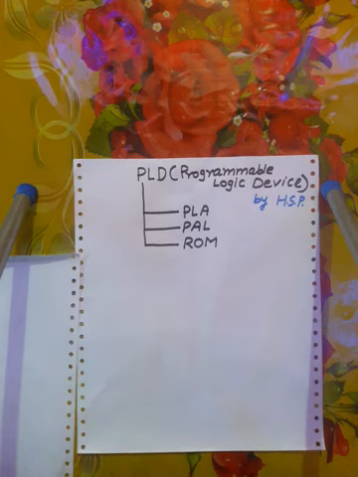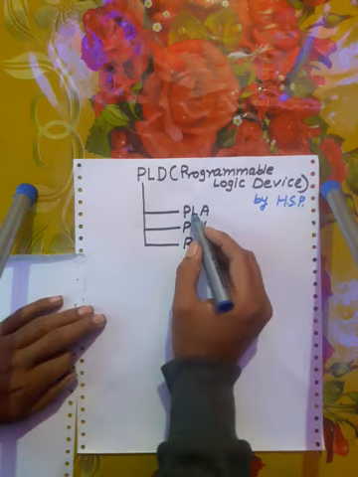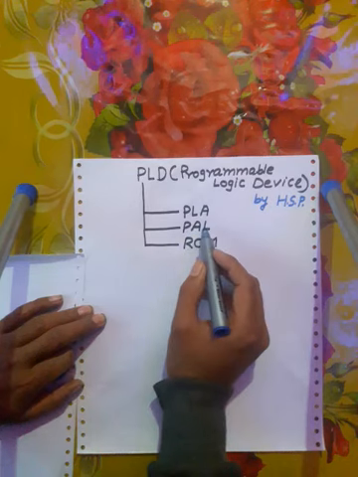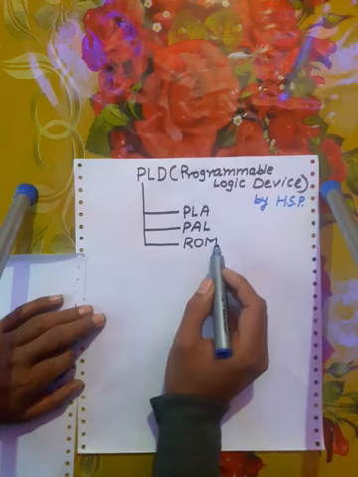In PLA, PAL and ROM, these contain an AND array followed by an OR array, and depending upon the structure we decide whether it is PAL, PLA or ROM. This is your PLA, PAL and ROM.